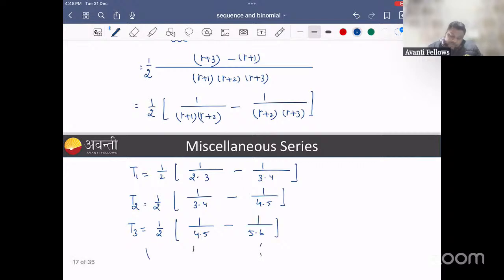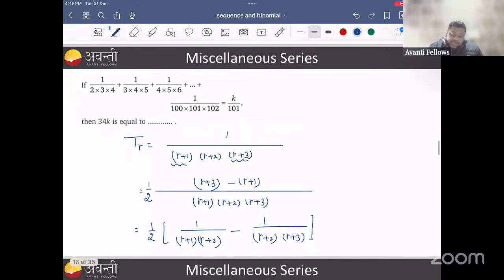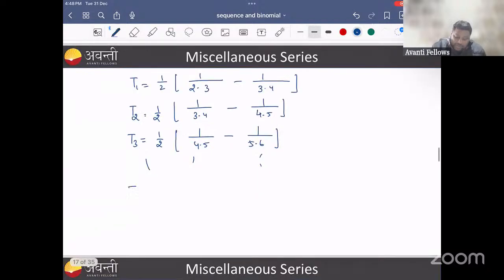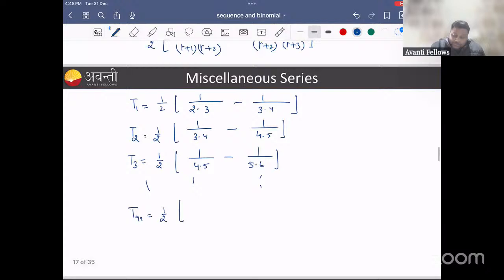Now see, I have to do it up to the 99th term because this will come when you replace r as 99. So T99 will be half of 1 upon 100 into 101 minus 1 upon 101 into 102.